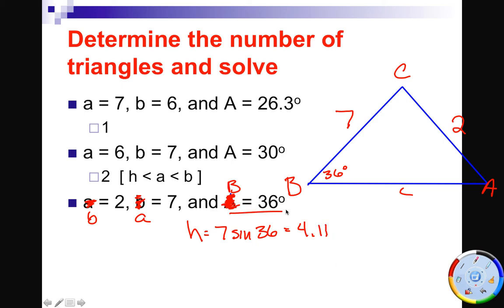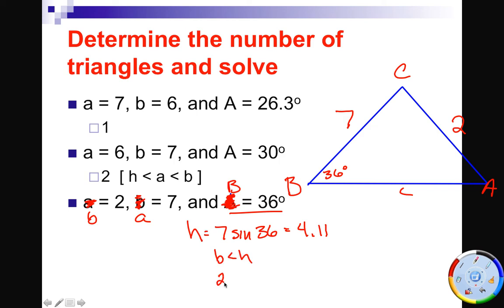Now this is an acute angle. So I go to my acute angle section and I ask myself, is a less than h? But it's actually not a in this case, it's the opposite side. It's the same as the angle. So it's not a in this case. I want to know is actually b less than h here.